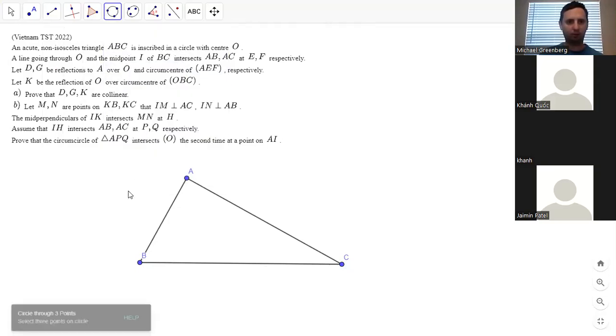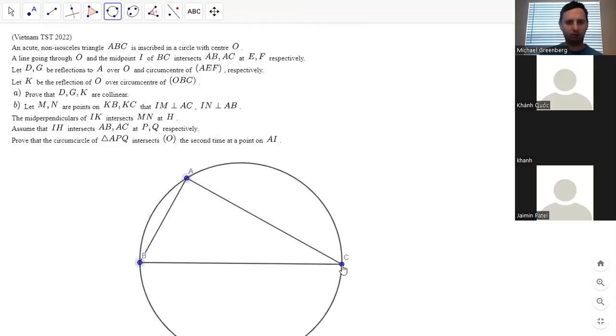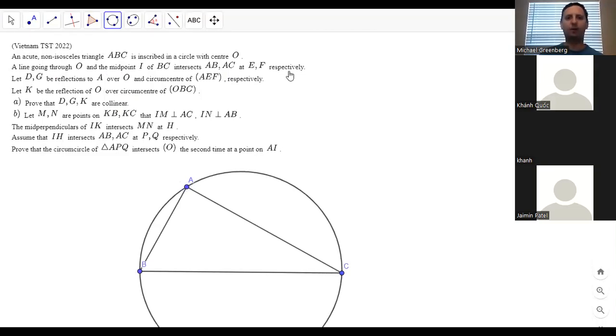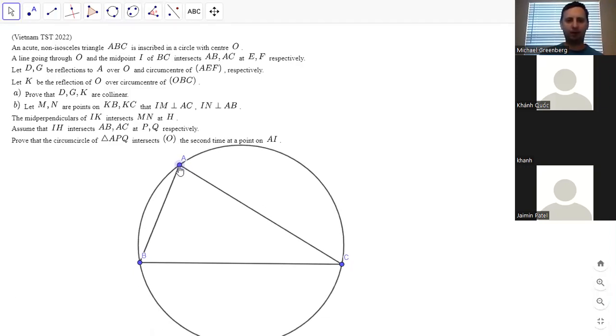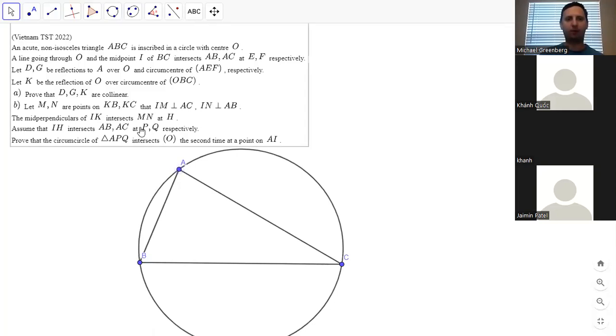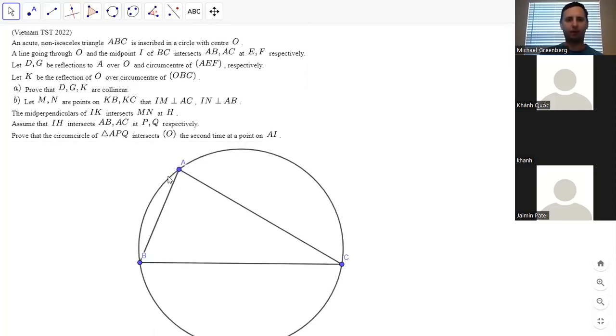I see someone posted something in the chat. Okay, this is problem 4. This is the easiest of the second day. And then there was another problem I did that was like the hardest of the first day.